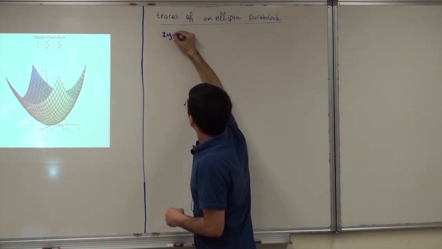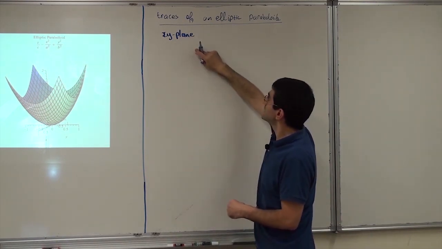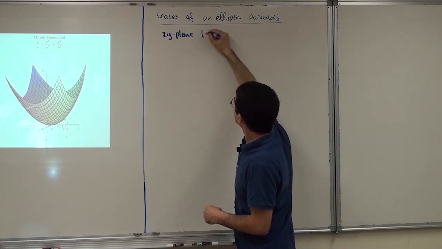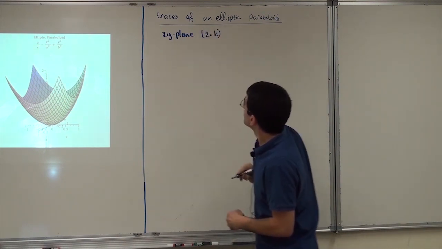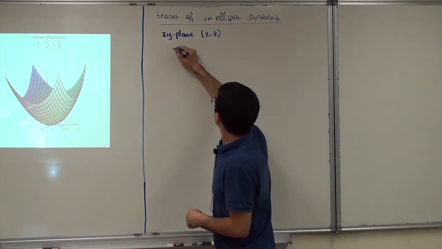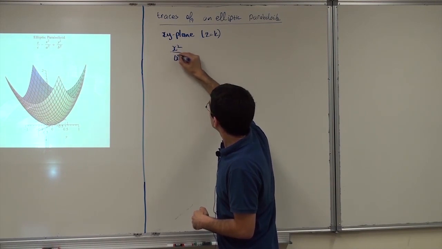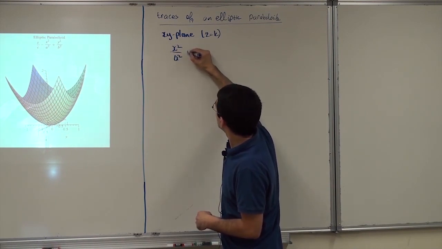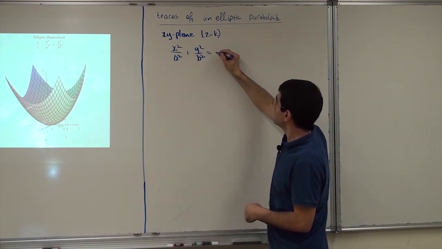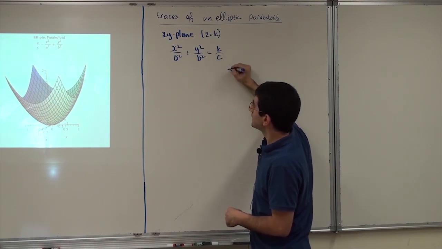So, I'm going to check the first traces along the xy plane. We are going to substitute k for z, then the elliptic paraboloid equation will give us x squared over a squared plus y squared over b squared is equal to k over c.